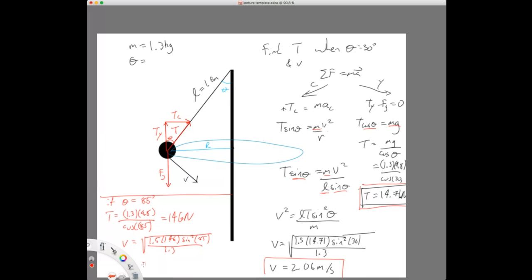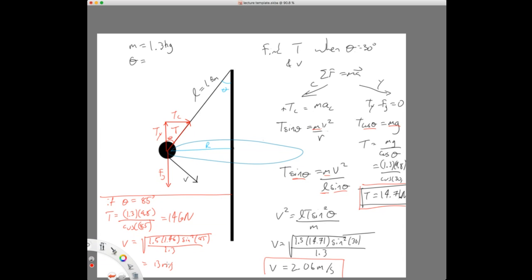It's getting a lot of lag here. So the speed goes up to about 13 meters per second in this case. And as you can see, as that angle gets bigger, the tension is going to get bigger, and this velocity will get bigger.